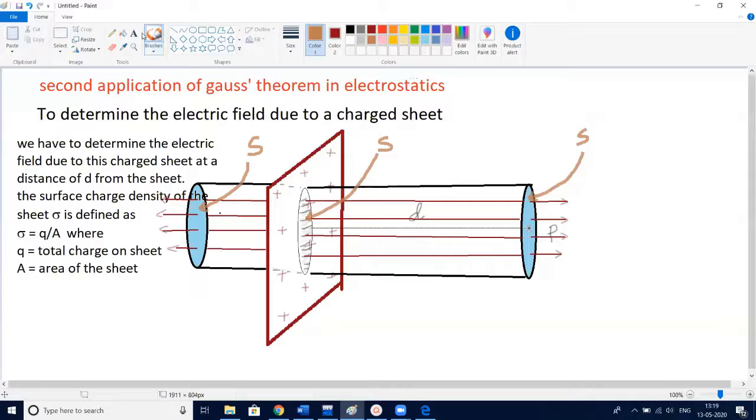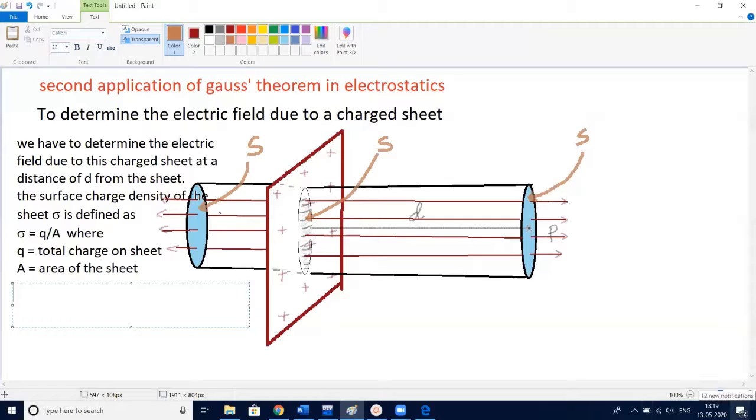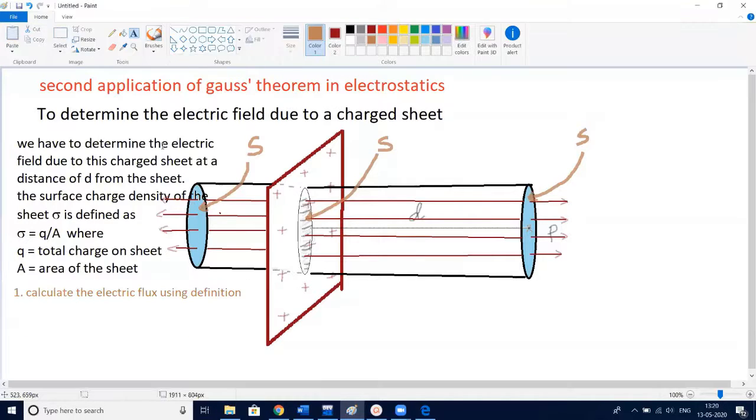So there are two steps to apply Gauss's theorem. The first step is to calculate the electric flux using the definition of electric flux.